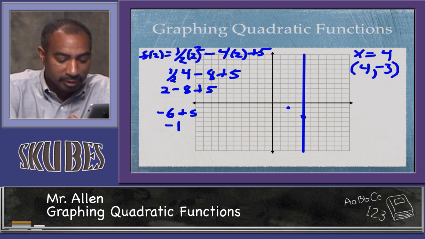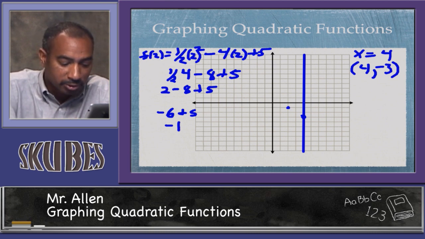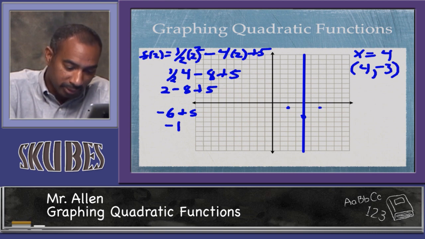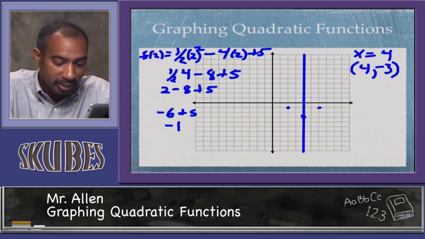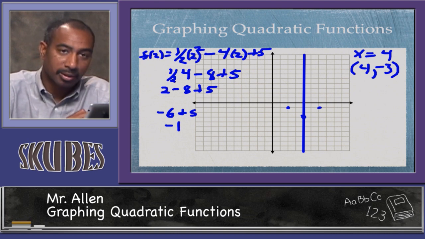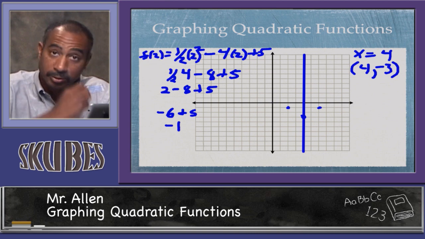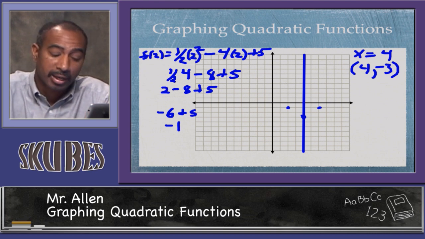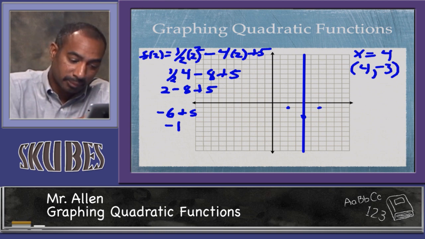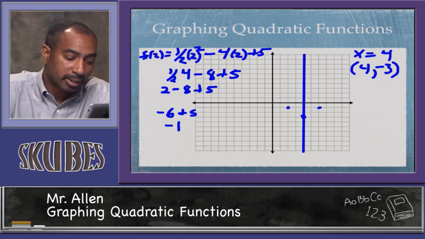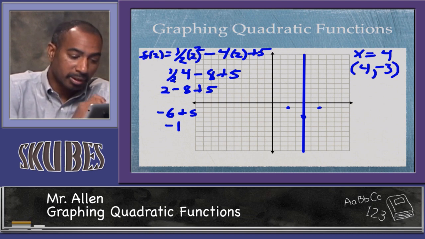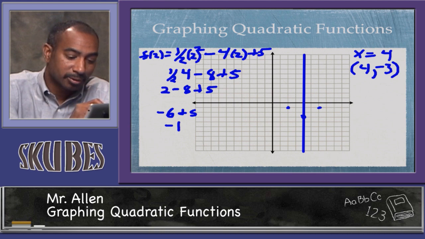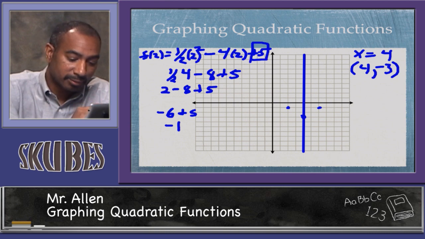But now the line of symmetry says this. Look at this. I count over 1, 2 squares from the line of symmetry. So if I go to the line of symmetry and count over 1, 2, I can make a point right here. Which means that when x is 6, I also get negative 1. I'm going to do the same thing, but I'm going to pick an even number. I'm not going to pick 1 because I have a coefficient of 1/2. So let's try 0. If I plug in 0 for x, remember anything times x is 0, so all you're left with is 5.